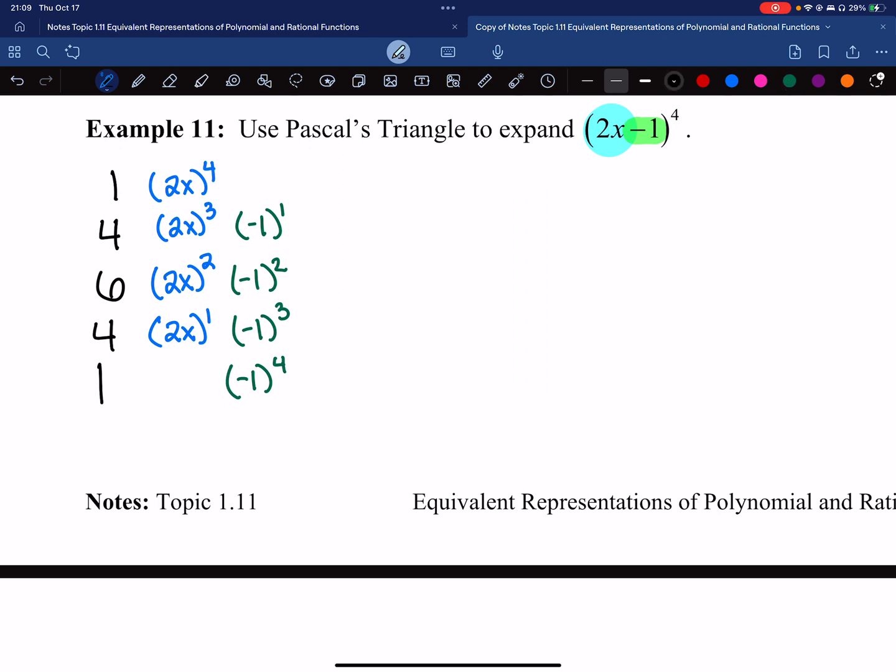So we simplify this. We multiply. 2x to the 4th power is 2x times 2x, which is 4x squared, times 2x, which is 8x to the 3rd power, times 2x again, which is 16x to the 4th power.